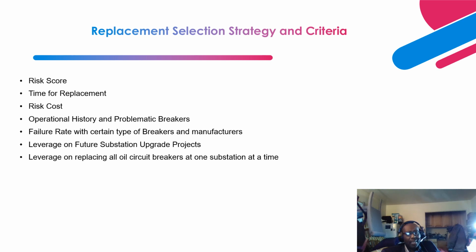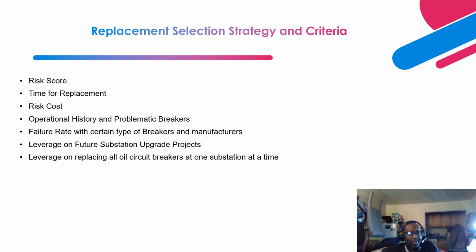So let's say you're going to replace one breaker for the first year, and the next breaker is scheduled for the third year, and the next breaker for the fifth year, and the next breaker for the eighth year, right?